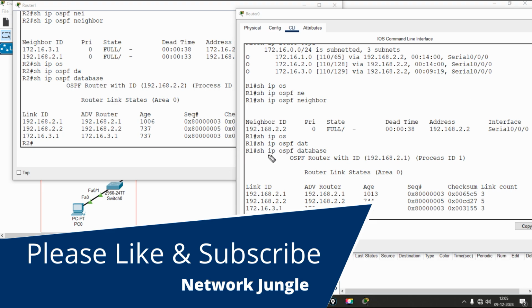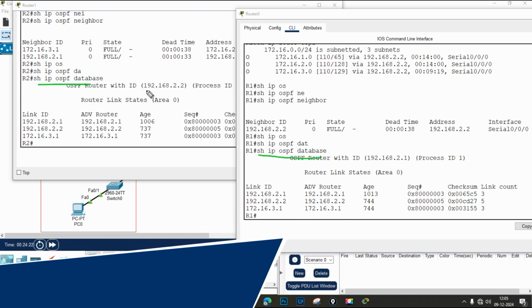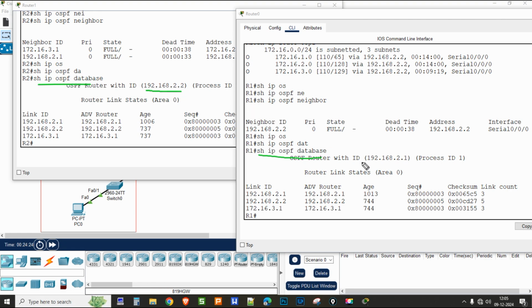You can see show IP OSPF database. It is the router ID which has the highest IP address. This is this area, then this area. It has the link state algorithm networks.